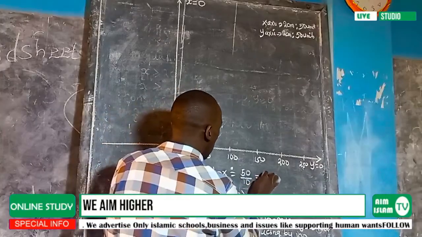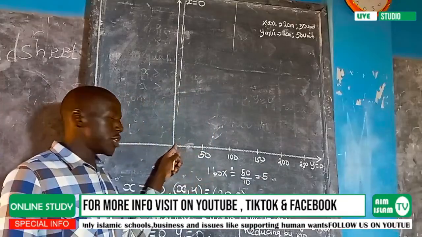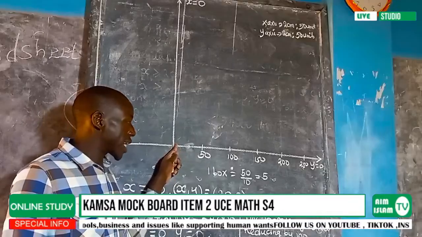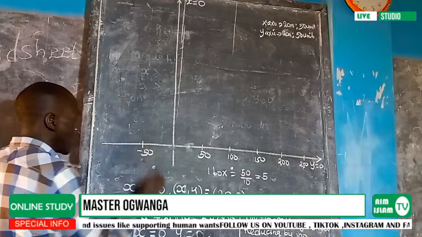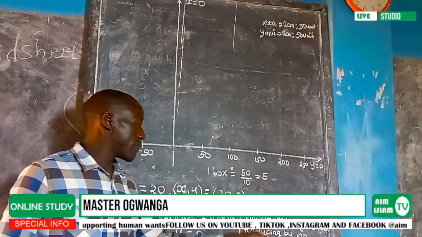Meaning that each small box will be making 5 units. That is on X. So even here, you can say negative 50. On X, each small box is making 5 units.